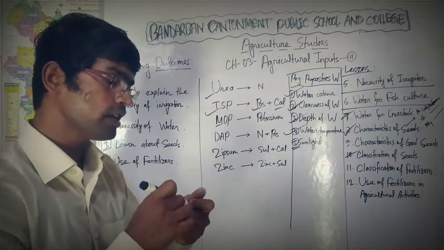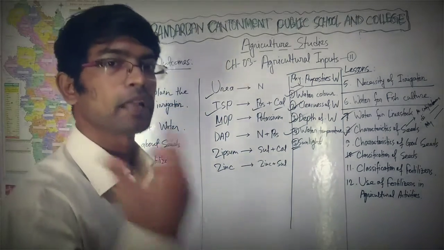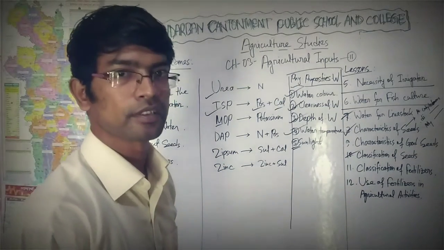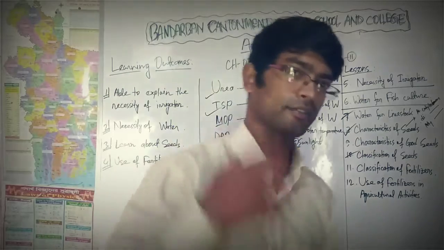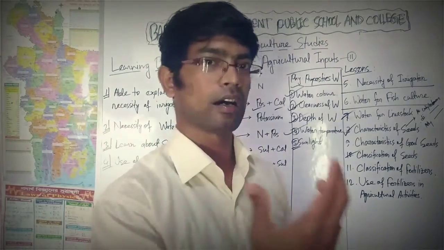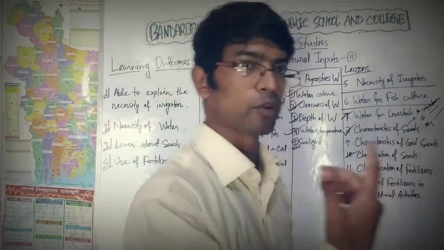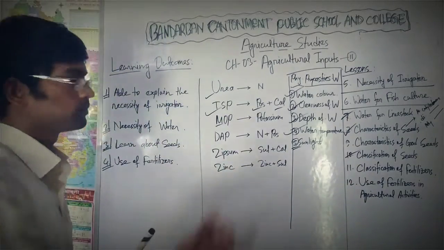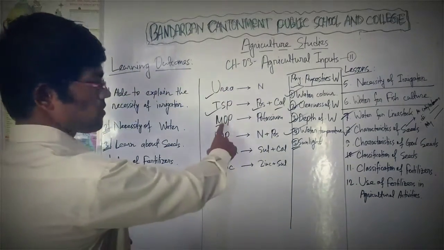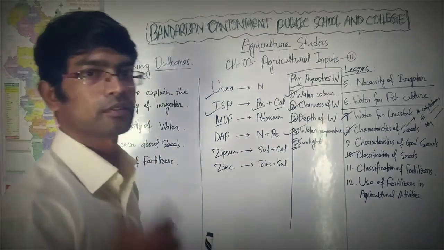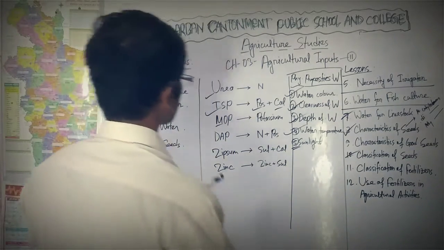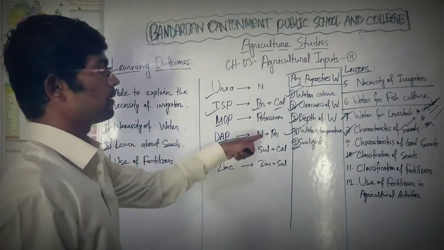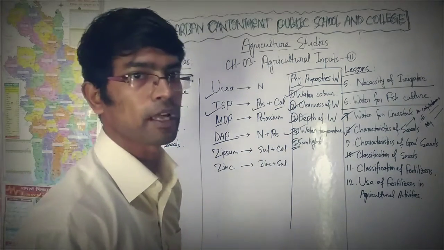Potassium can reduce diseases in plants, especially in leaves. Sometimes our plants' leaves become yellow. Potassium keeps the leaves green. Okay, and then DAP supplies nitrogen and phosphorus to the plants.